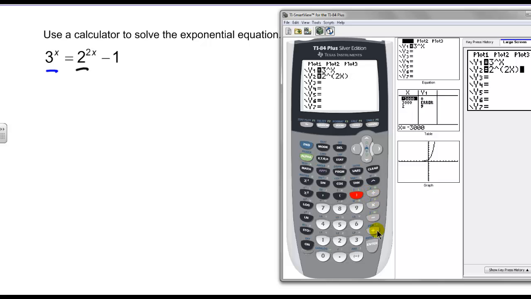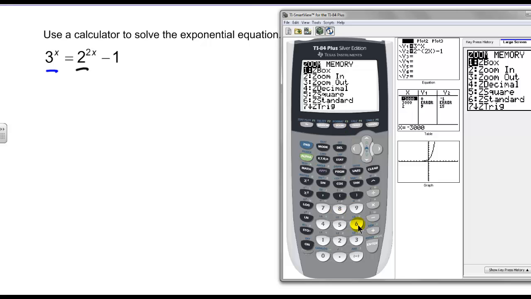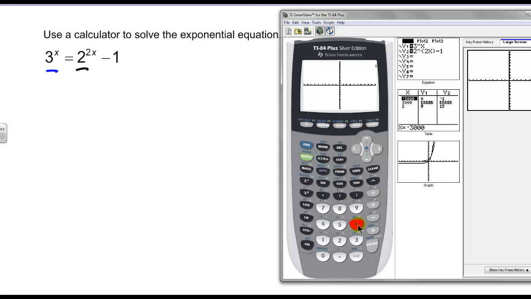And then I'm going to subtract from that 1. So now I'll graph this in the standard window. So I go zoom 6, which graphs it in the standard window. There's my first function, and there's my second function.